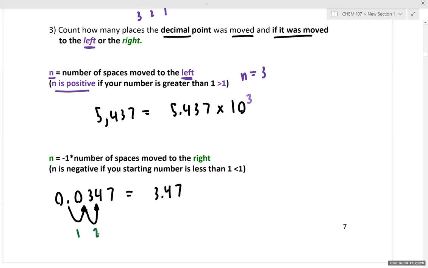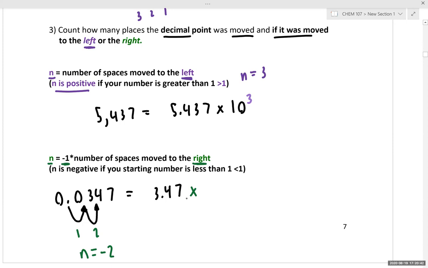Now I count the number of spaces I moved my decimal point to the right. 1, 2. So this would be our value of n. If we move our decimal point to the right, n is equal to -1 times the number of spaces to the right. So in this case, instead of +2, n would be equal to -2.